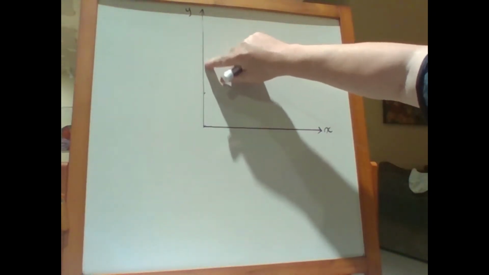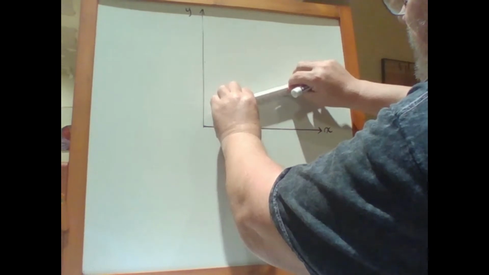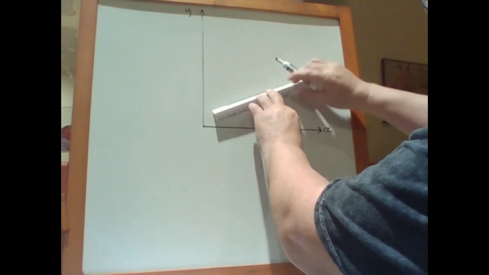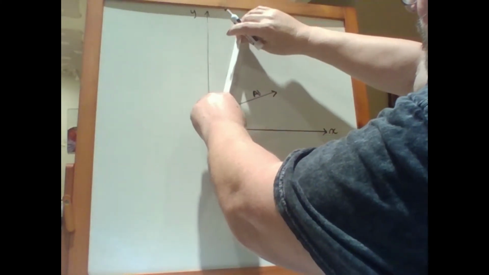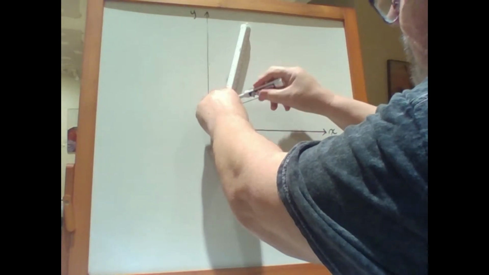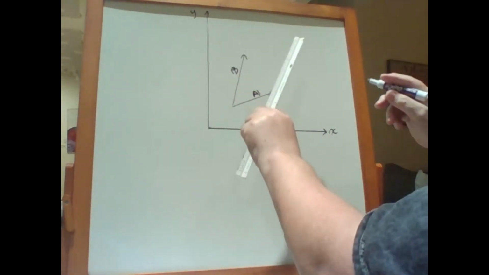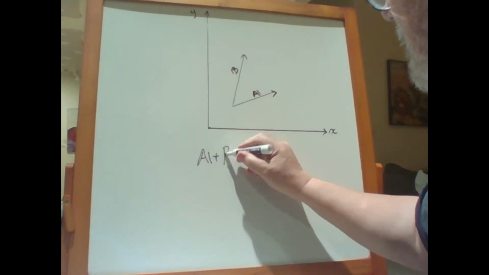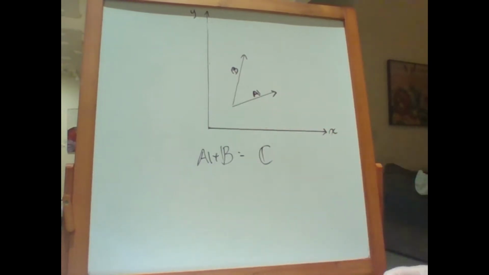Okay, so we have A, and we have B. Well, we want to find A plus B, and we say equals C. So A plus B equals C.